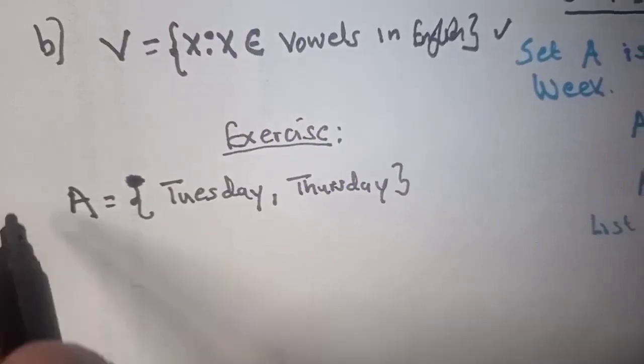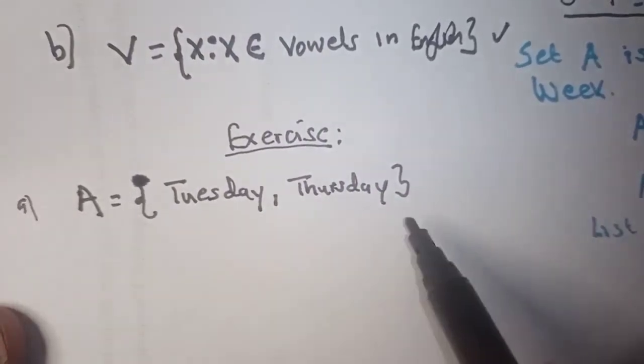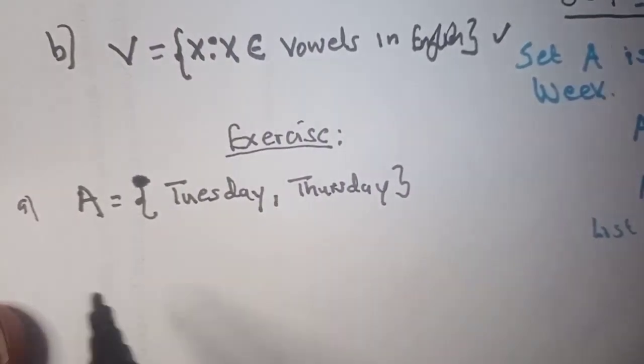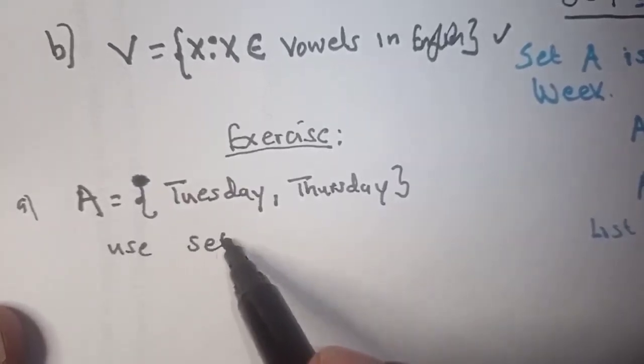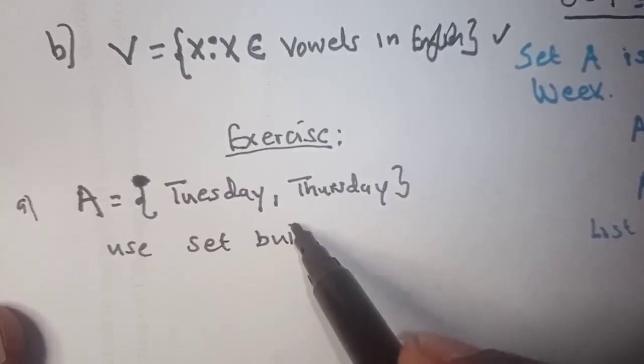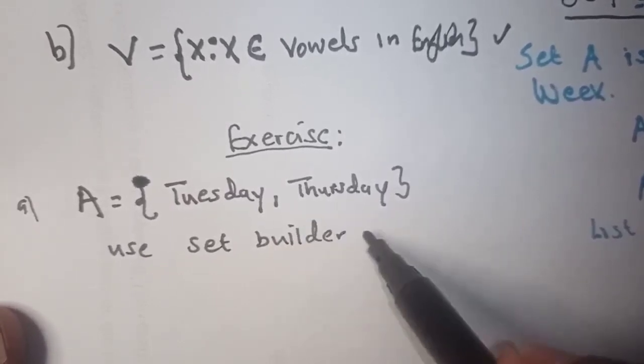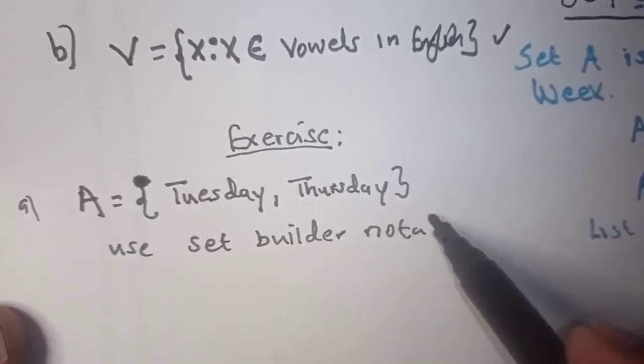Okay, so that is the question. Set A is equal to Tuesday, Thursday. So use set builder notation.